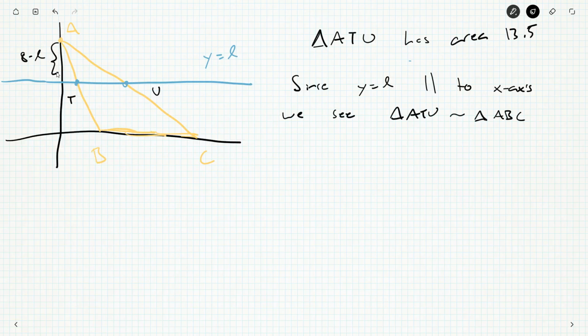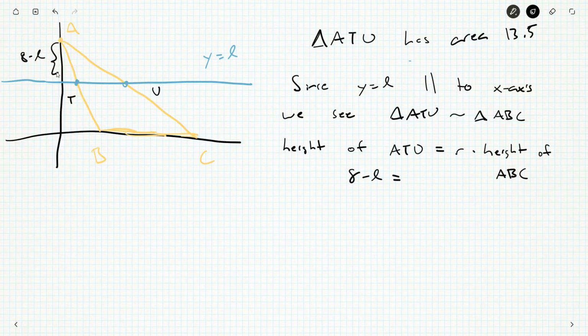We know the area of ABC, and for triangles that are similar, we might say something like, the height of ATU is basically just R times the height of ABC, where R is the sort of scaling factor. Like TU will be R times BC. Okay? Same thing works with the heights. But I know the height of ATU, it's 8 minus L. It's going to be R times, and I know the height of ABC, it's 8. The real question is, what is this R?